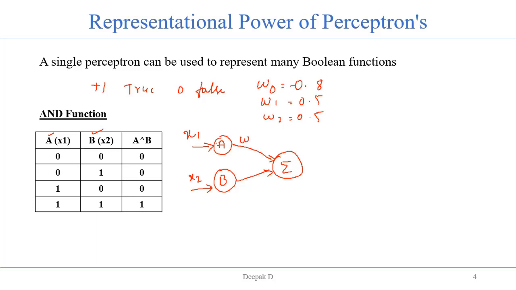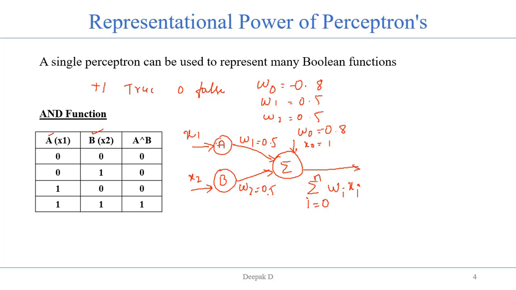The weights with respect to x1 is w1, which is already denoted as 0.5, and w2 as 0.5. Along with this we have a bias value. That bias value is taken as w0 equal to minus 0.8, and x0 is taken as a constant 1. So the entire value is computed as the summation for i equal to 0 to n of wi into xi.